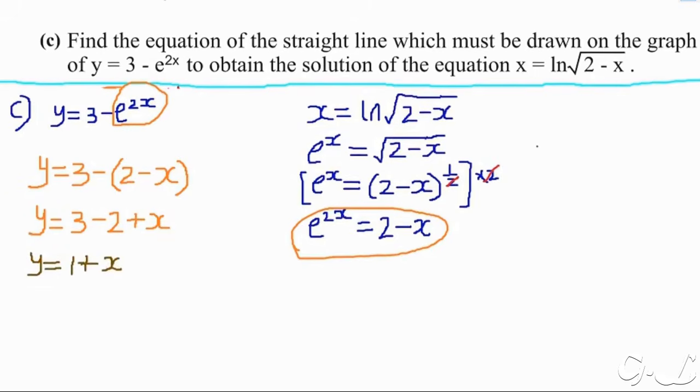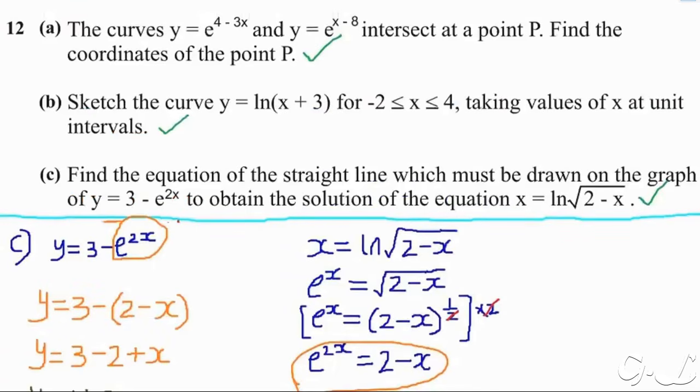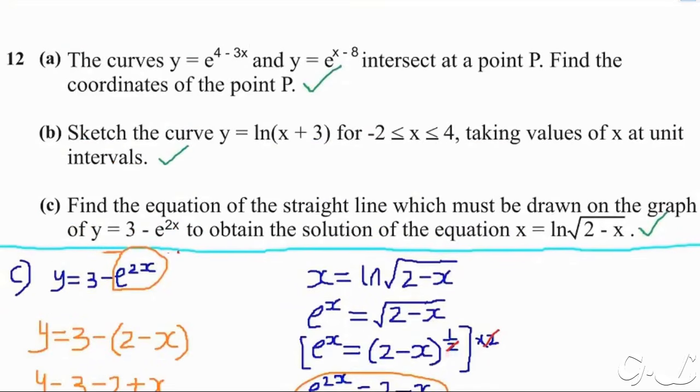So therefore, the equation of the straight line is y is equal to x plus 1. That's how you score marks in an exam room, so this is how you're supposed to answer in an exam room.